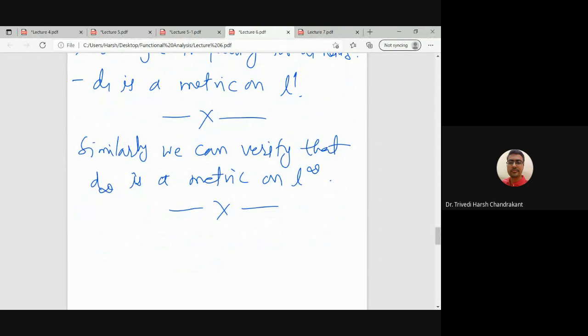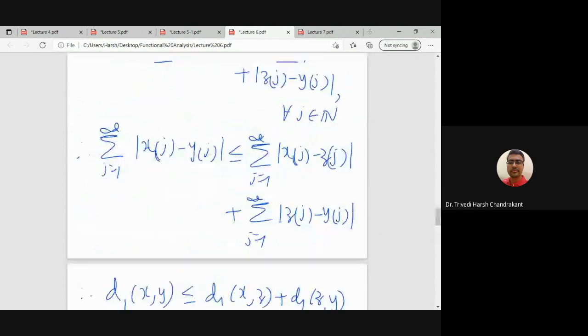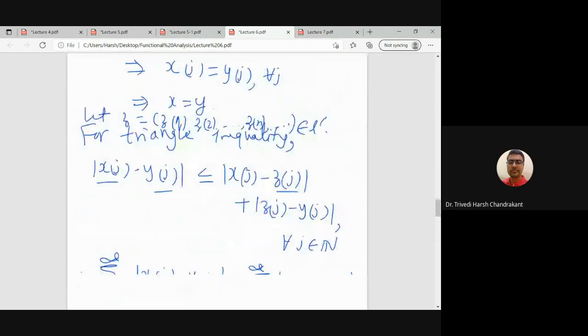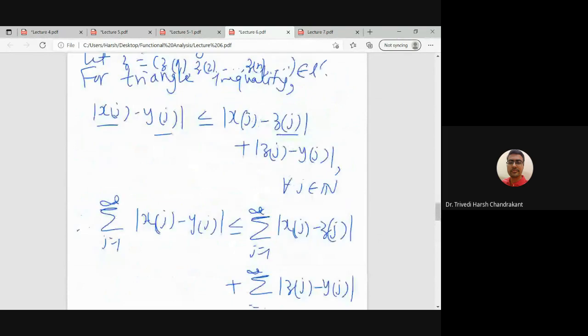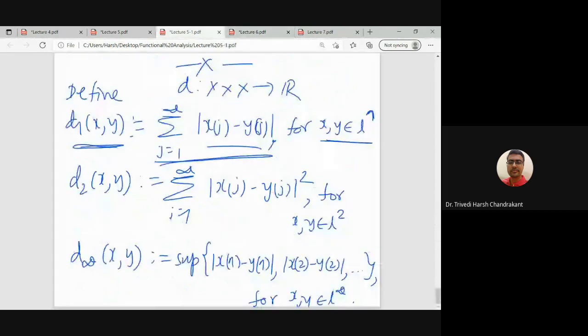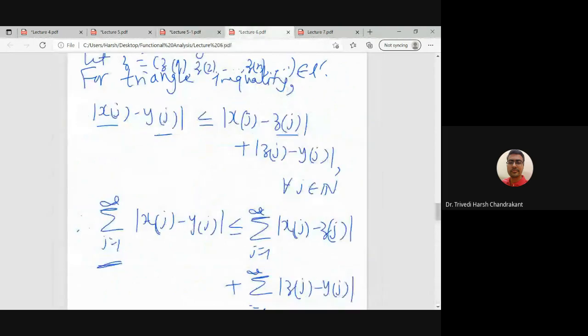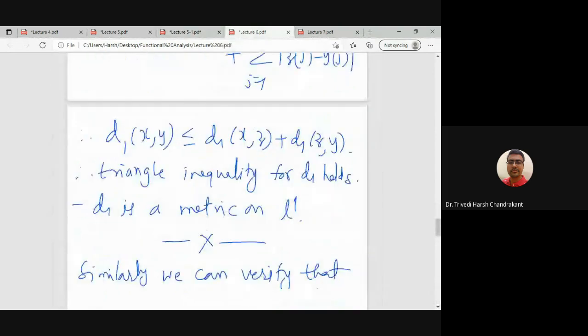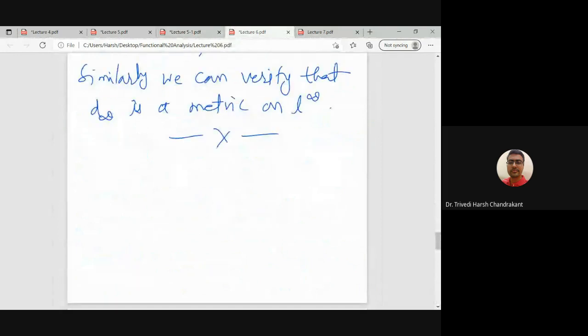Just verify that the proof is very similar, but the metric is different. Here the metric is a summation, but here the metric is in terms of supremum. But more or less the proof has the same idea. So I'm leaving that.